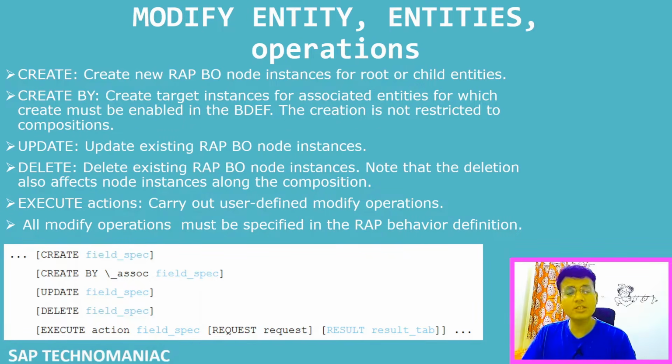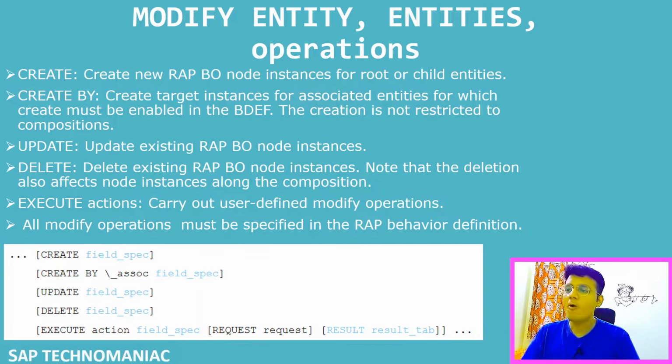Create by association uses the root entity to create the children of that particular root entity. Update will modify the existing entities. Delete will delete, and the deletion also affects the node: when we delete the root entity, it automatically deletes the child entities too, because they have a tightly coupled composition relationship. And execute will perform the actions and functions.